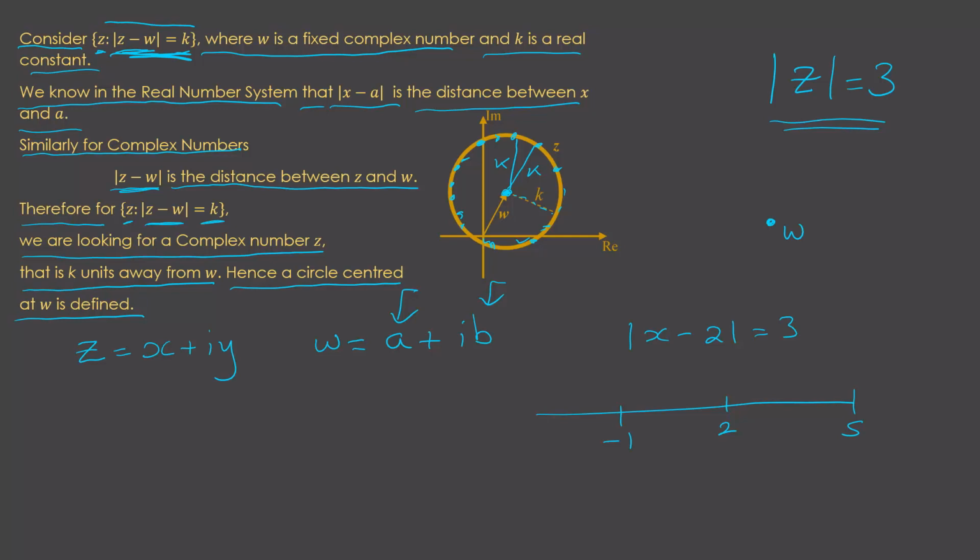So what we're doing is saying that the modulus of z minus w is equal to k. Well, that's the modulus of x plus iy take away a plus ib being equal to k.